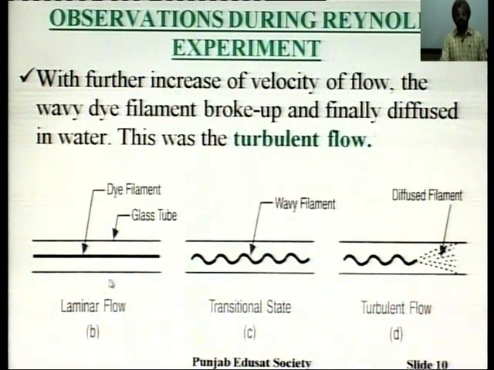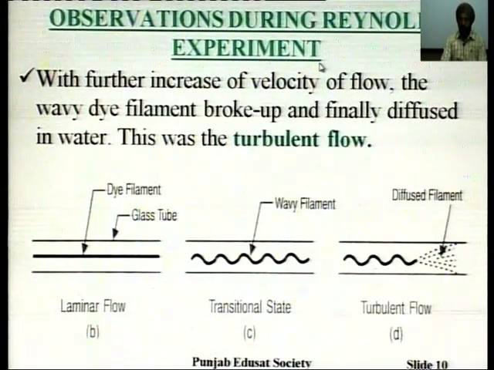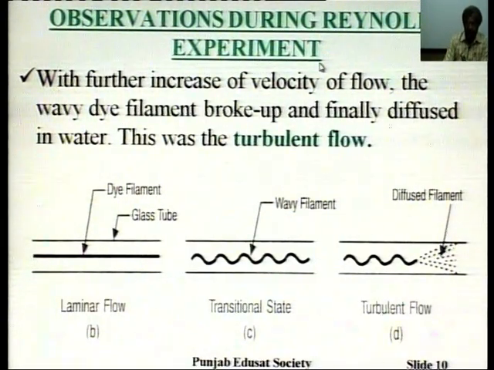So these are the three different stages explained by Reynolds with the help of a very simple apparatus, to make us understand what is laminar flow, what is turbulent flow, and what is this in-between transitional state in the case of pipe flow.